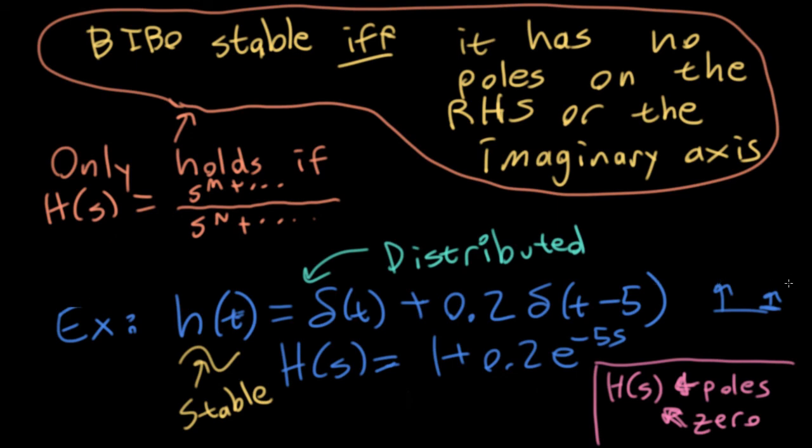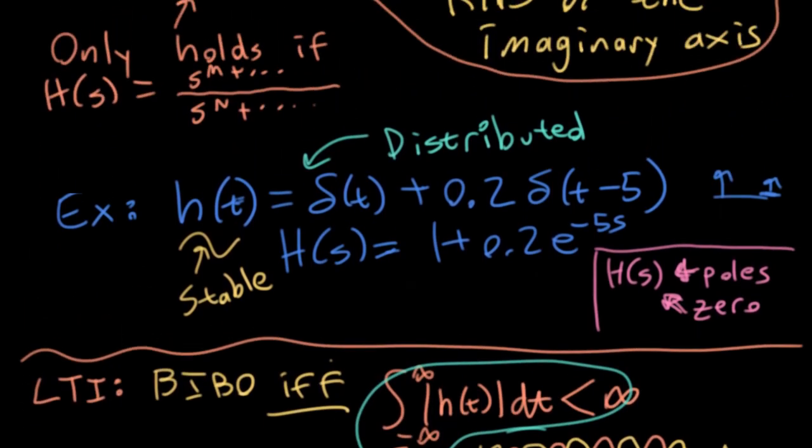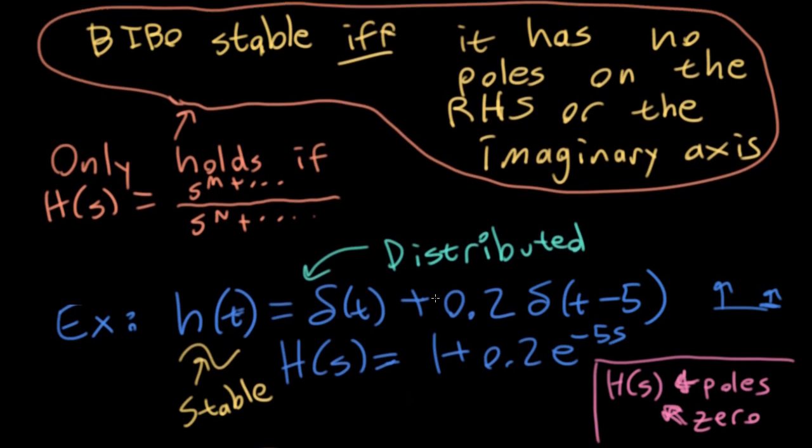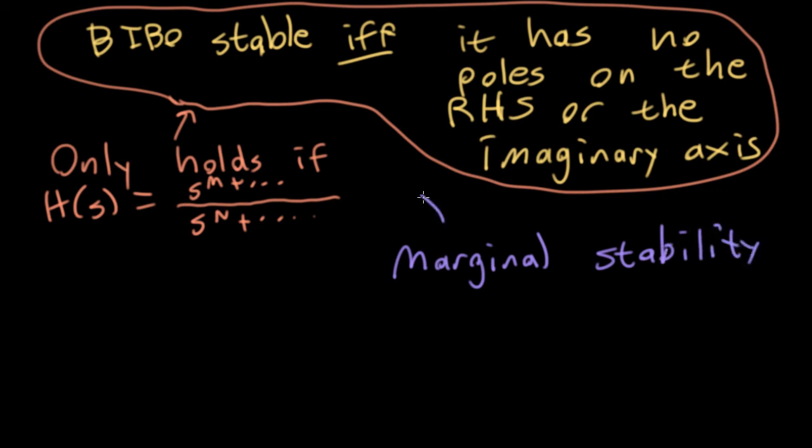We have this nice theorem that has to do with ratios of polynomials, but we also have a characterization of BIBO stability in terms of integrating the impulse response that works for more general transfer functions, including ones associated with distributed systems.